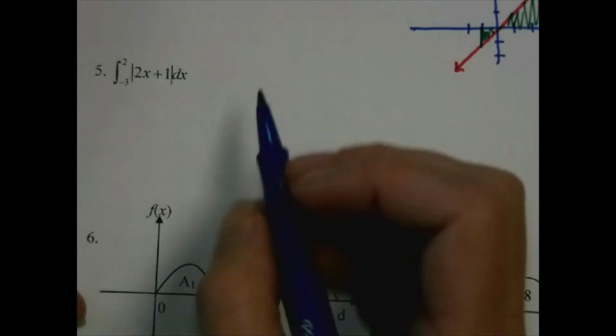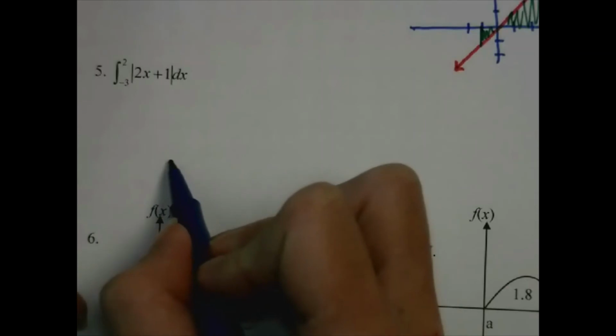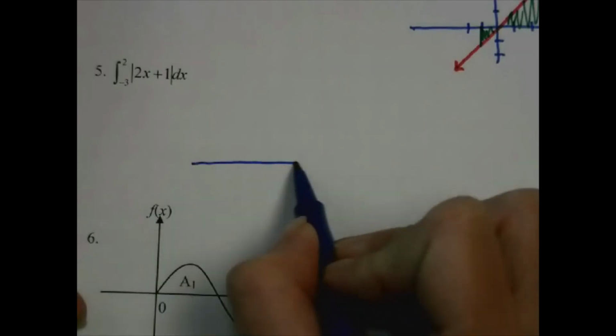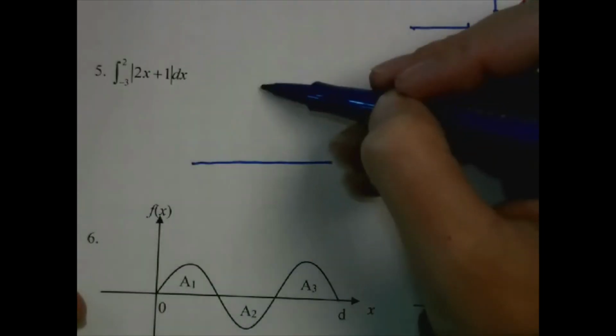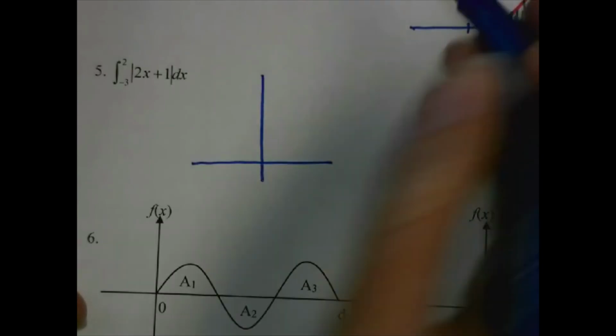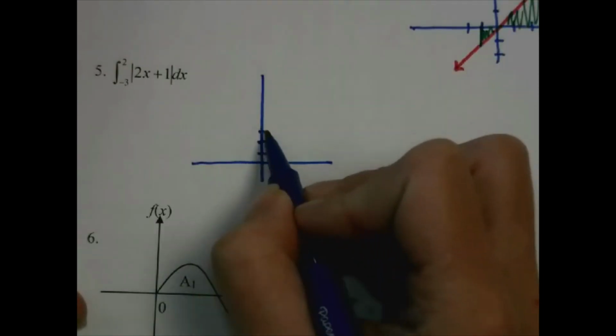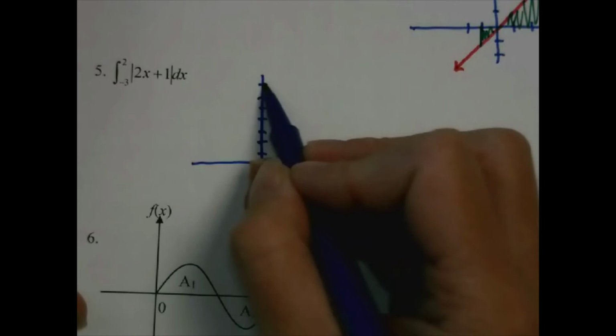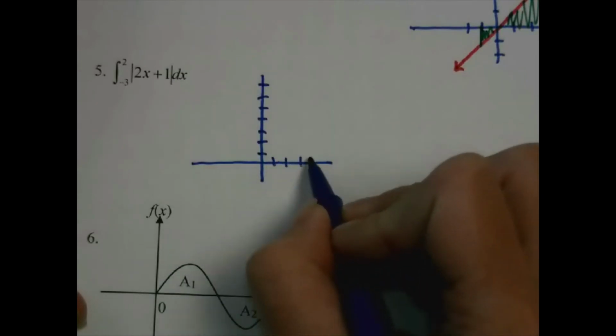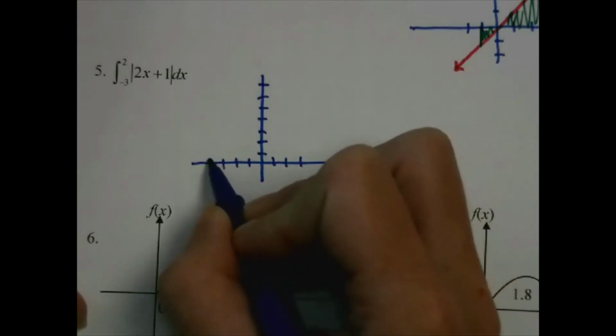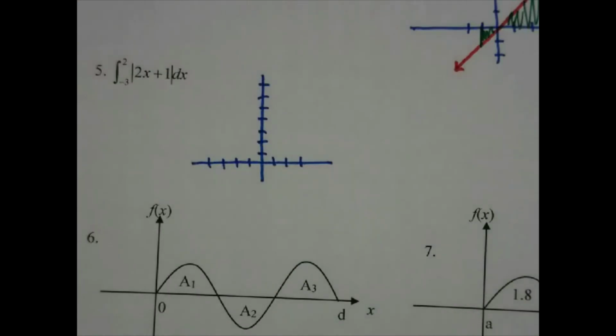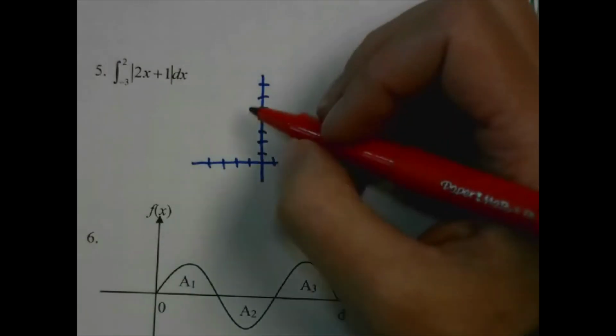The absolute value of 2x plus 1. There's several ways that you can think about graphing this, but I'm going to start by just graphing the line 2x plus 1.